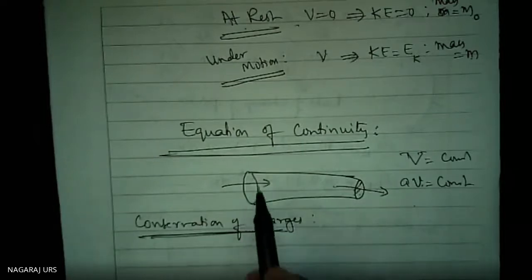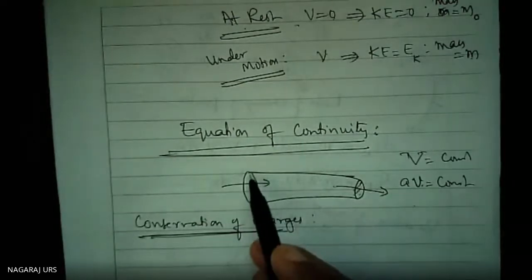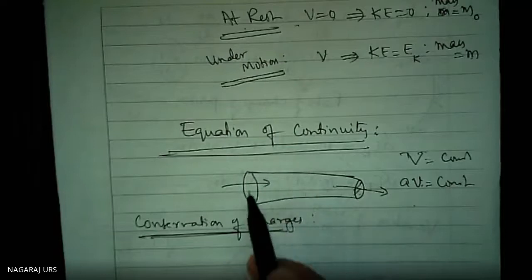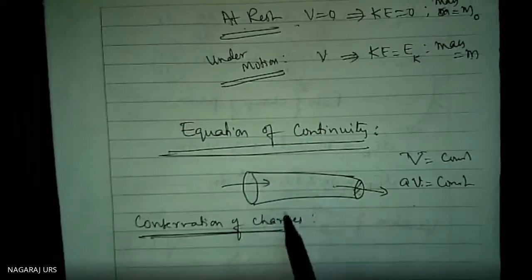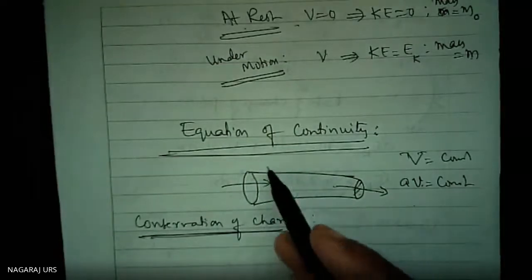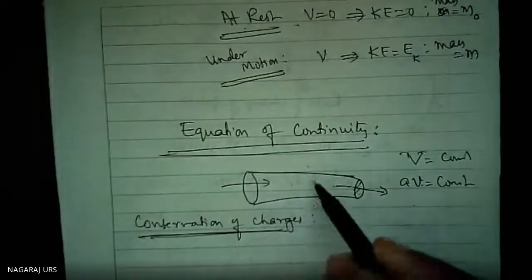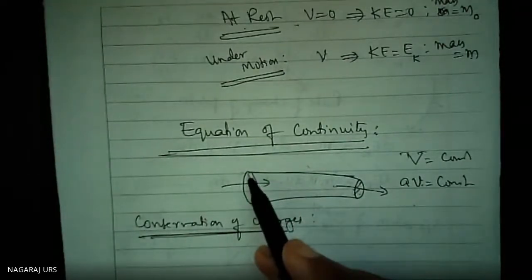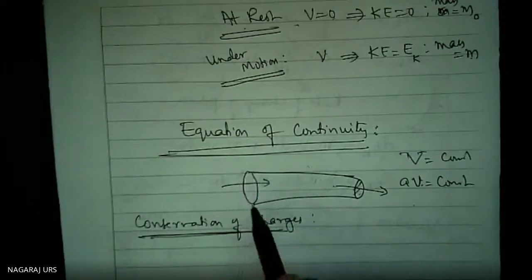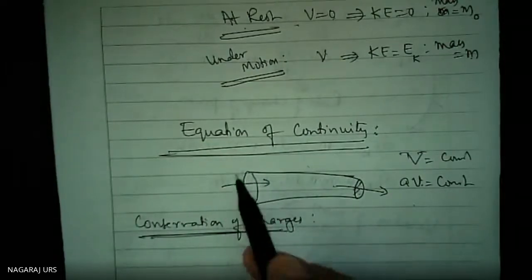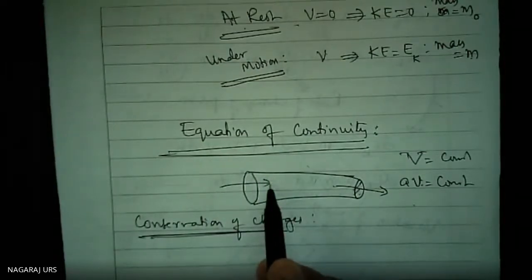Again, I can repeat. There is a cross-sectional area, and a volume that has been closed down here, bounded by a volume. If the net charge crossing over a cross-sectional area is not zero, then charges must be flowing.